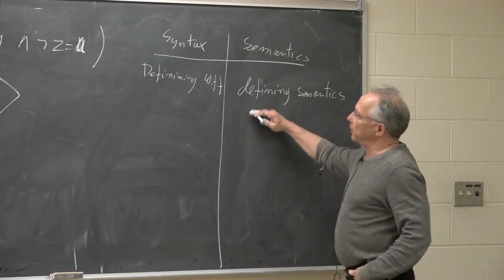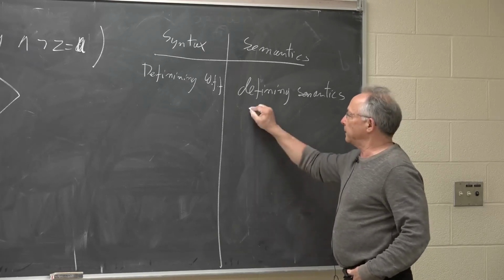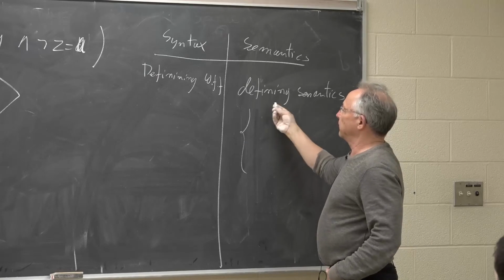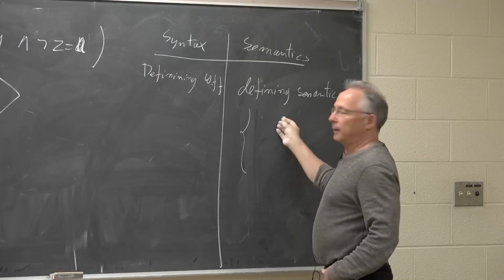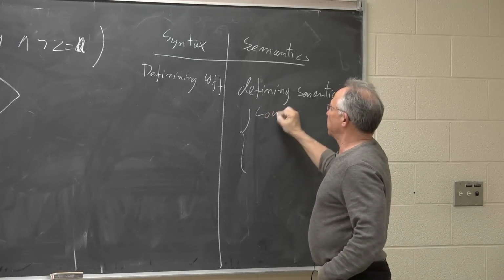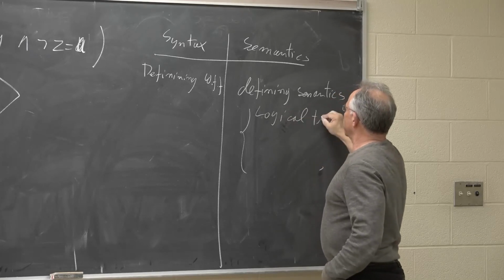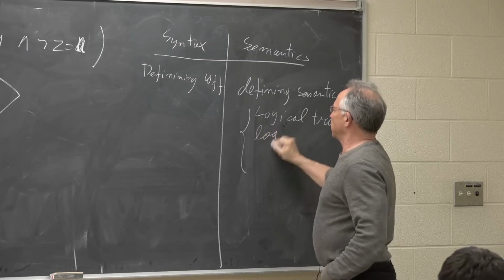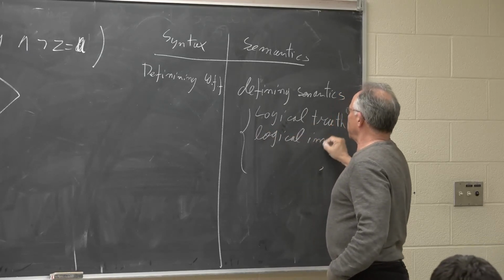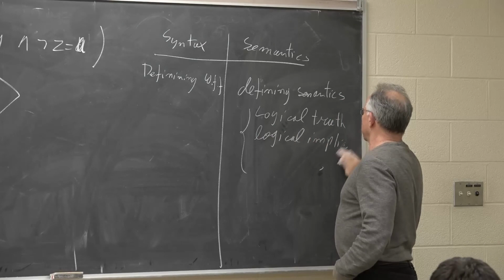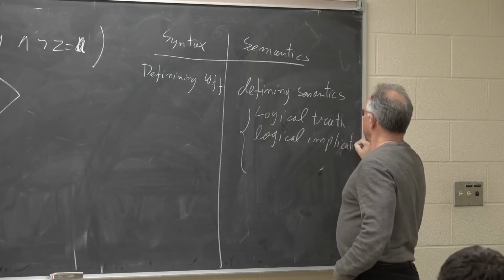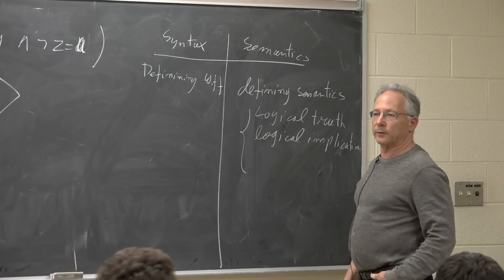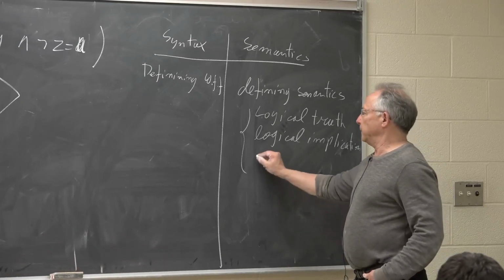Then we started talking about all kinds of semantic notions. So we had a tautology in propositional logic. Here we had a logical truth, logical implication, and we also talked about definability.